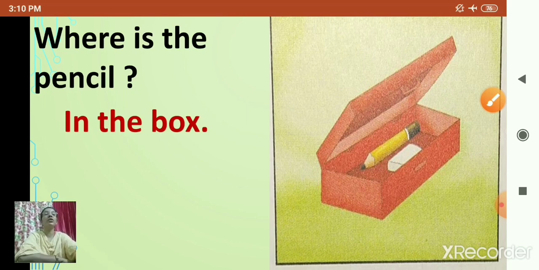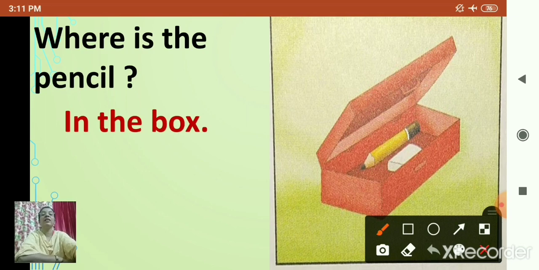It tells us the position of the pencil, means where the pencil is. The pencil is in the box. That tells us the position.